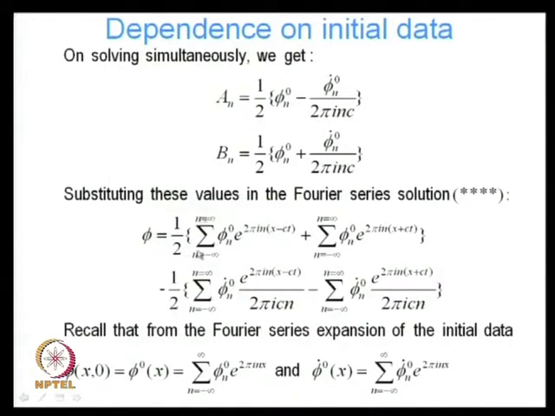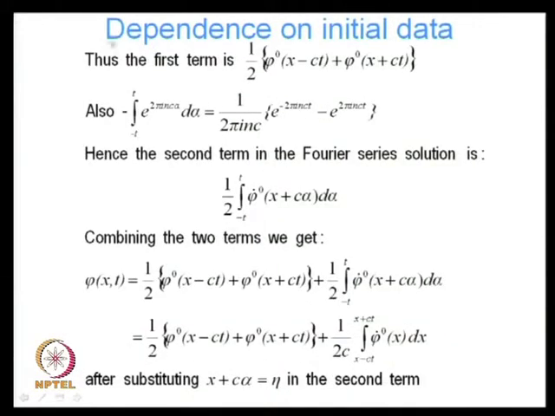The second term is phi 0 of x plus ct. Also, if we evaluate this integral, e to the power 2 pi i n c alpha d alpha, where alpha is an intermediate integration variable, I can show that this is equal to that.